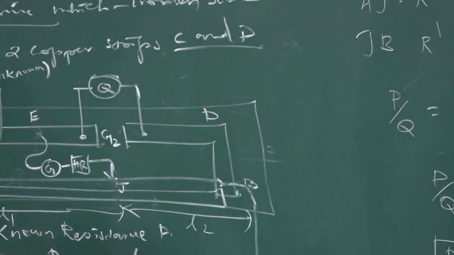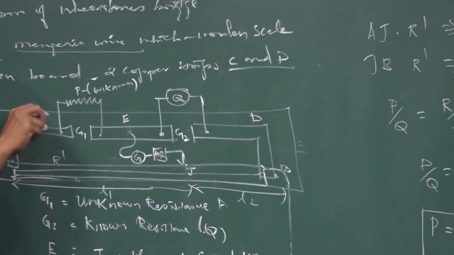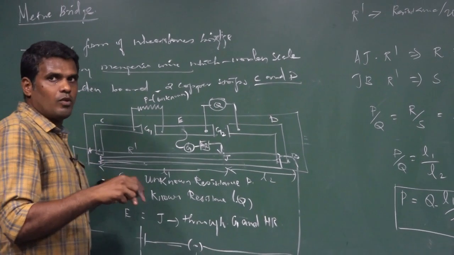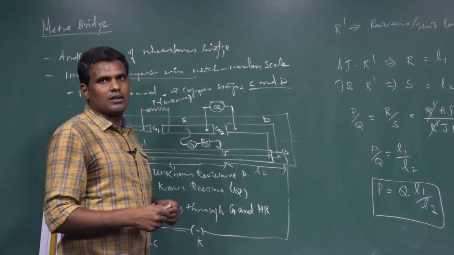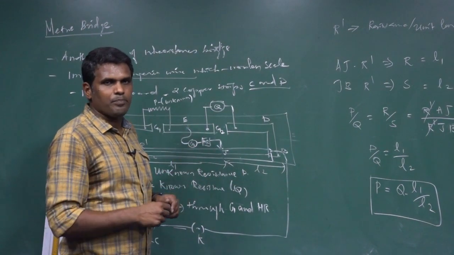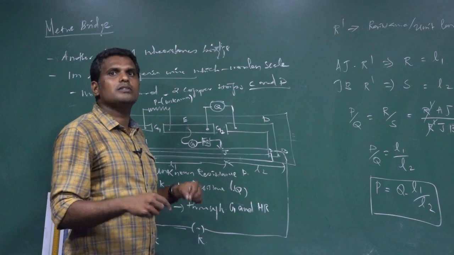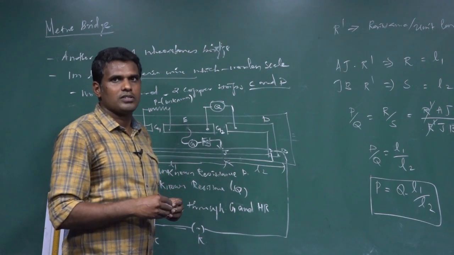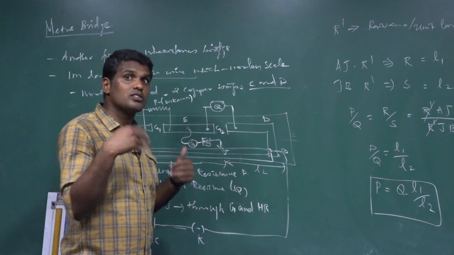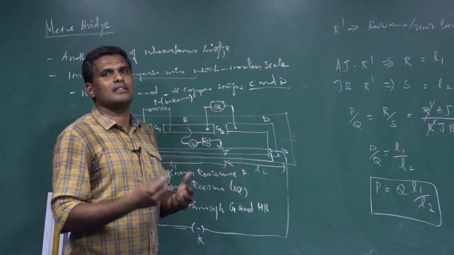One thing. Second thing, there are other ways by which we can fix the 1 meter long wire, that is by soldering across the copper strips C and D. So during soldering also, there are possibilities of a different value of resistance. Another value of resistance does exist. We call it end resistance.